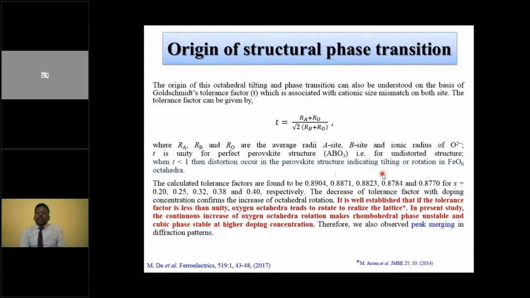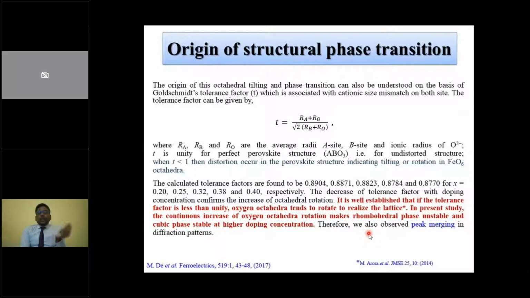Here the octahedron formed by Fe with the six oxygens around it starts rotating as we increase the doping. In the present study, the continuous increase of octahedral rotation makes the rhombohedral structure less stable, and the cubic phase gets stable as we increase the doping concentration.